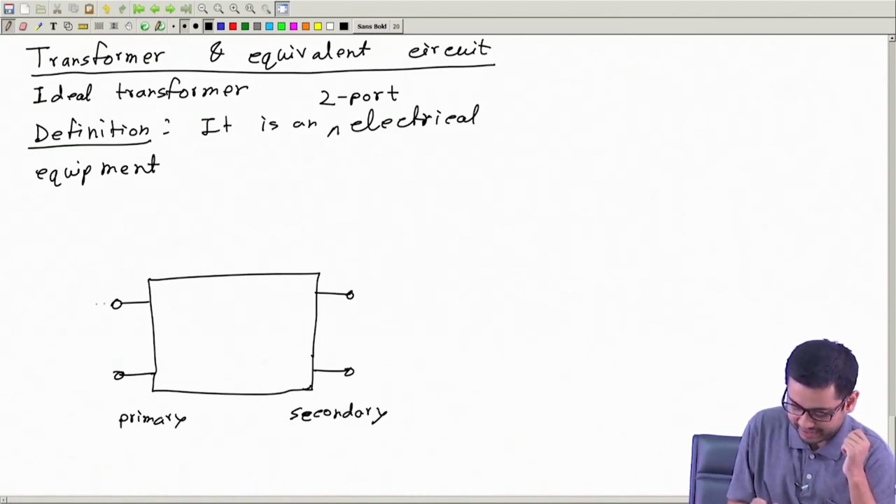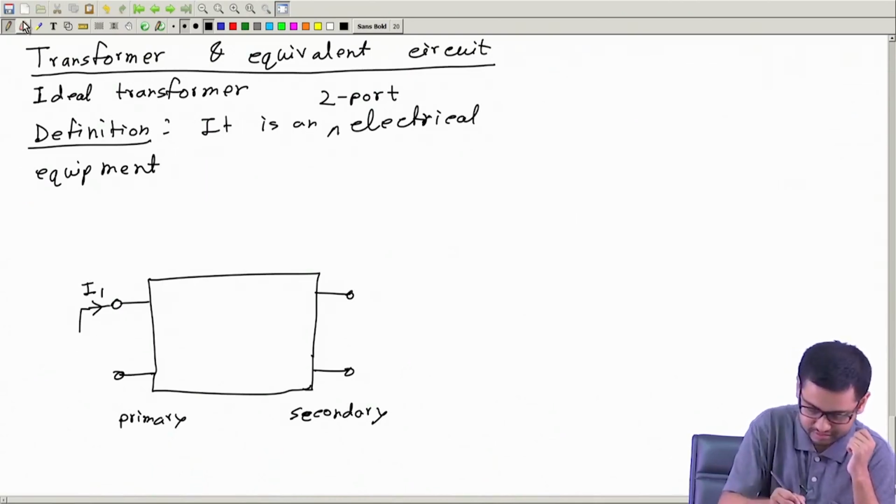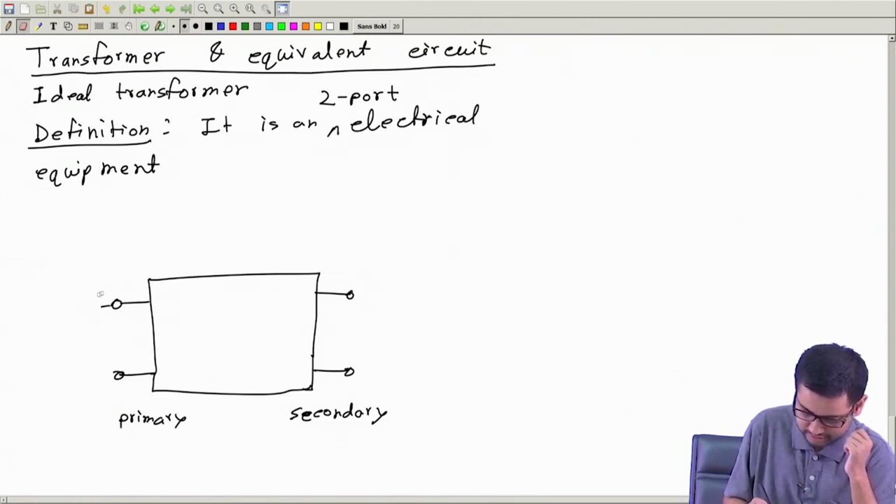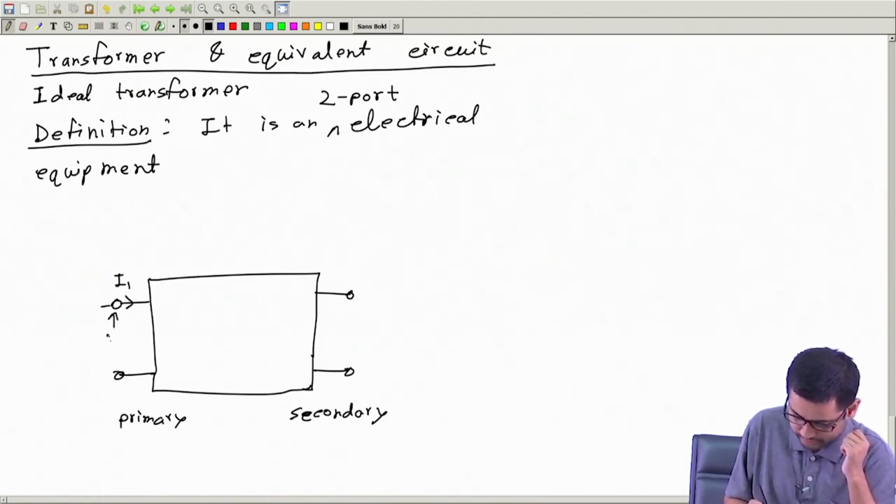We can pass some current through this. So call this current I1 and this voltage V1.